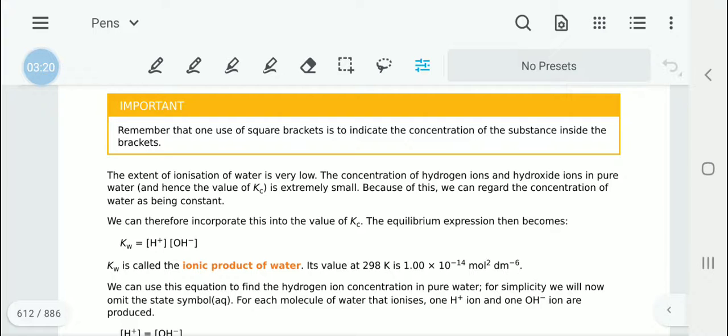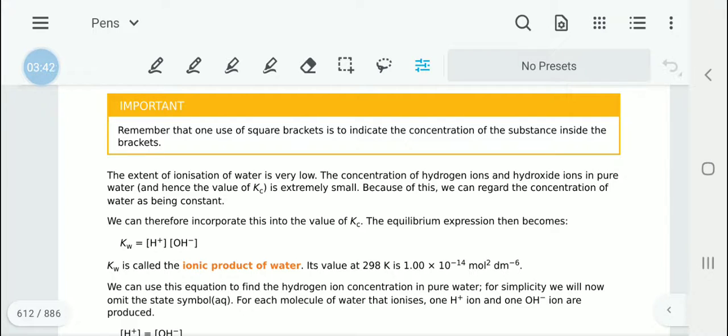Because the concentration of water remains constant, we take it as 1. So H+ into OH minus ion concentrations divided by 1 is the same thing. So we get an expression for the ionic product of water, which is H+ into OH minus ions. It has a value at 298 Kelvin.